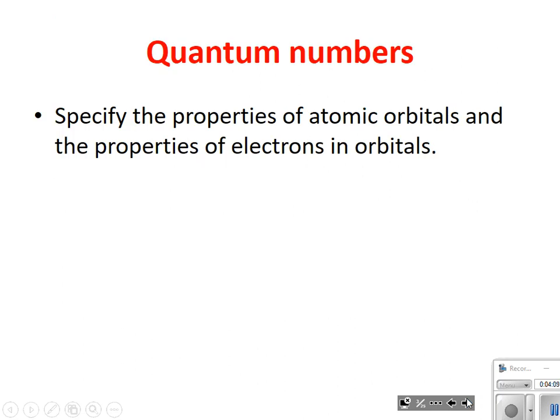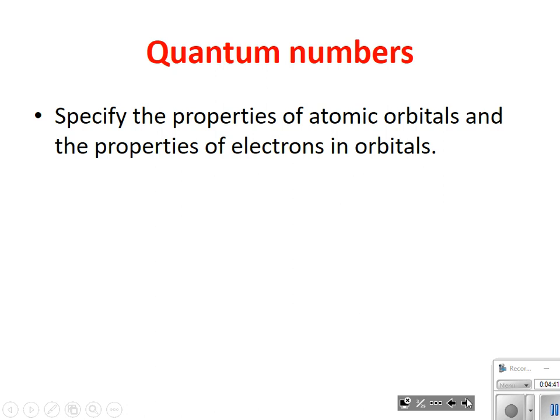We're going to discuss today 4 different quantum numbers. And these quantum numbers specify the properties of atomic orbitals and the properties of the electrons that are in these orbitals, these circular paths.